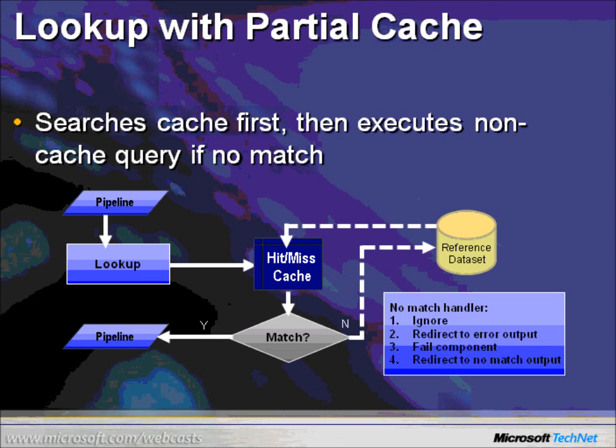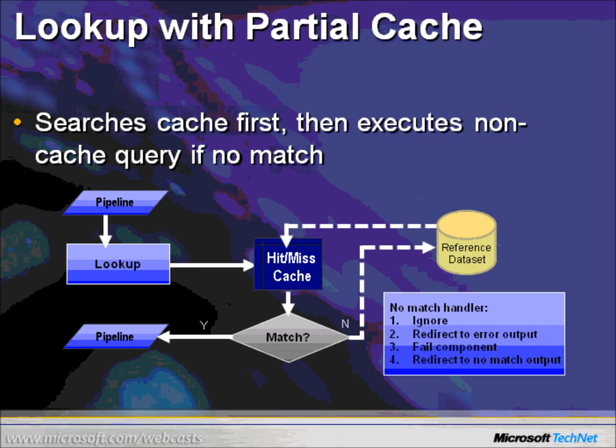Here's our partial cache. So using a lookup with a partial cache is best when memory must be constrained or the reference data is semi-volatile. Now, this lookup delivers slow performance because it is performing singleton queries. It was also available in Integration Services 2005, but in Integration Services 2008, it does improve the behavior by enabling the addition of non-matched rows to the cache up to a specified percentage of the cache.